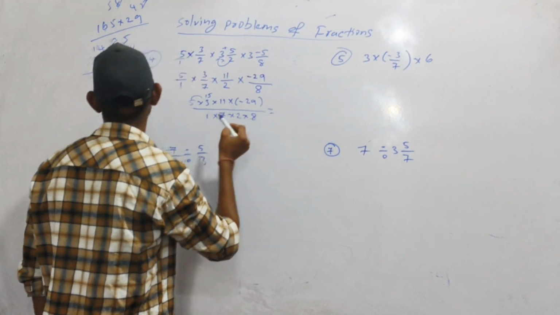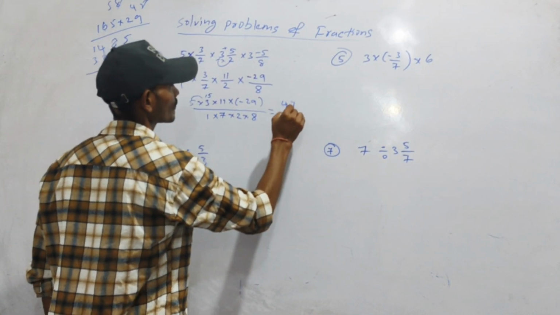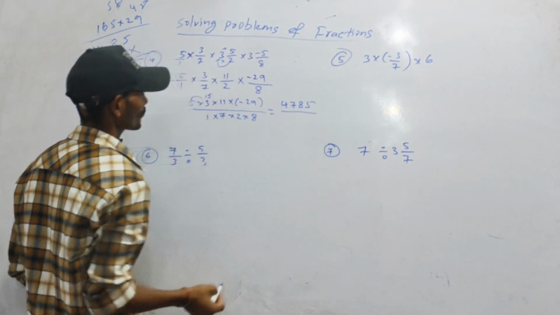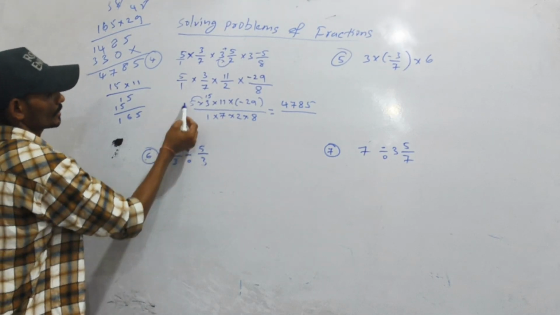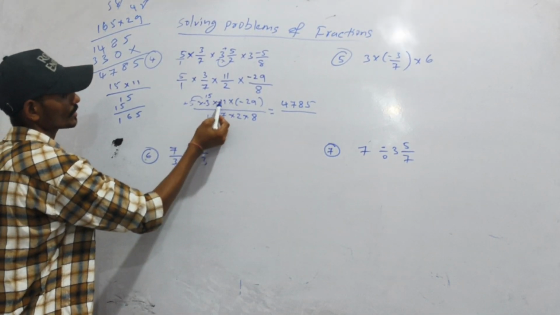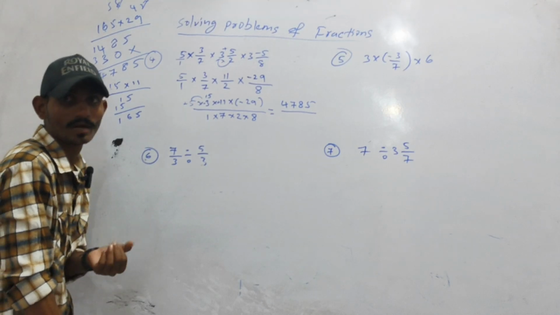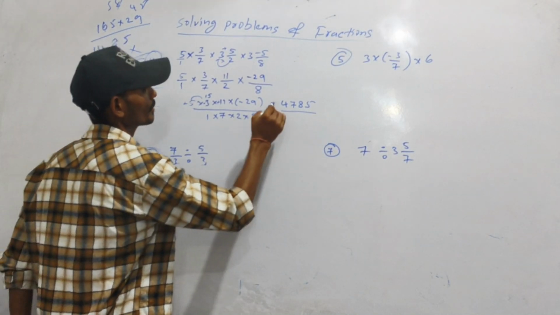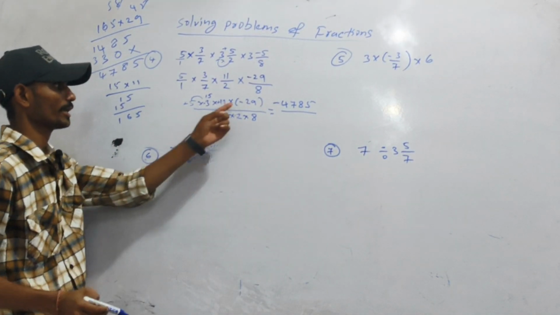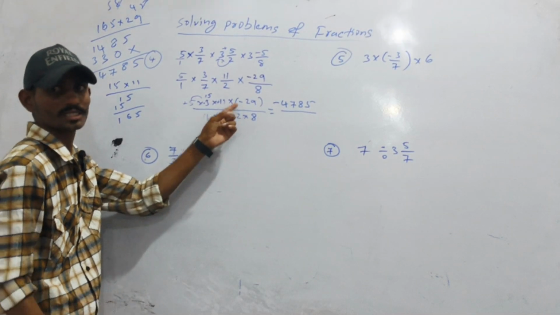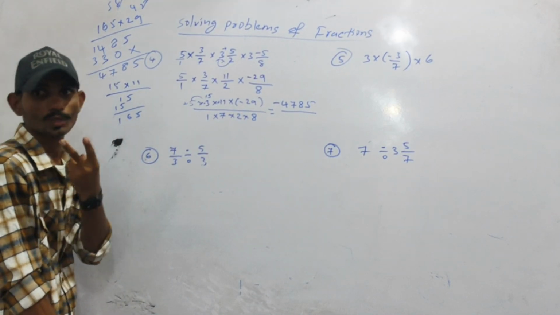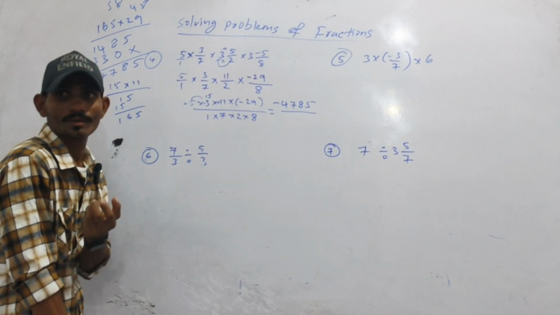So this answer you are getting is 4785 by, let's check the sign. This is positive, this is positive, this is positive, this is negative. Among these positives, if you have an odd number of negatives, then the answer becomes negative. Now you have a single negative, and single is an odd number. If you get two negatives, then you definitely get plus.